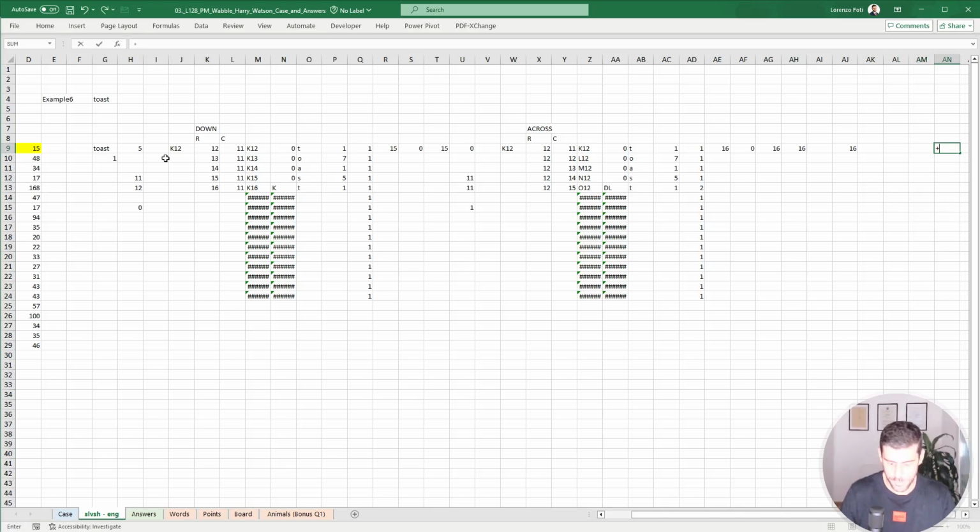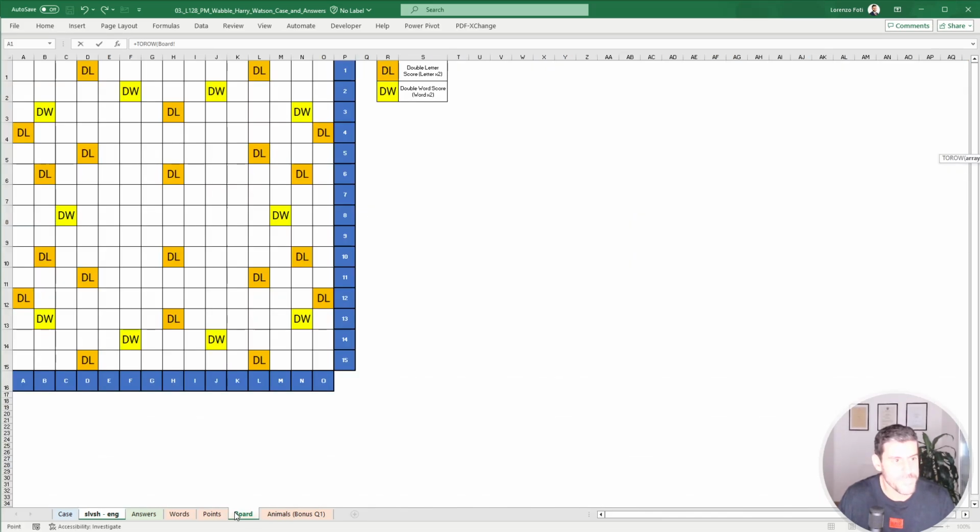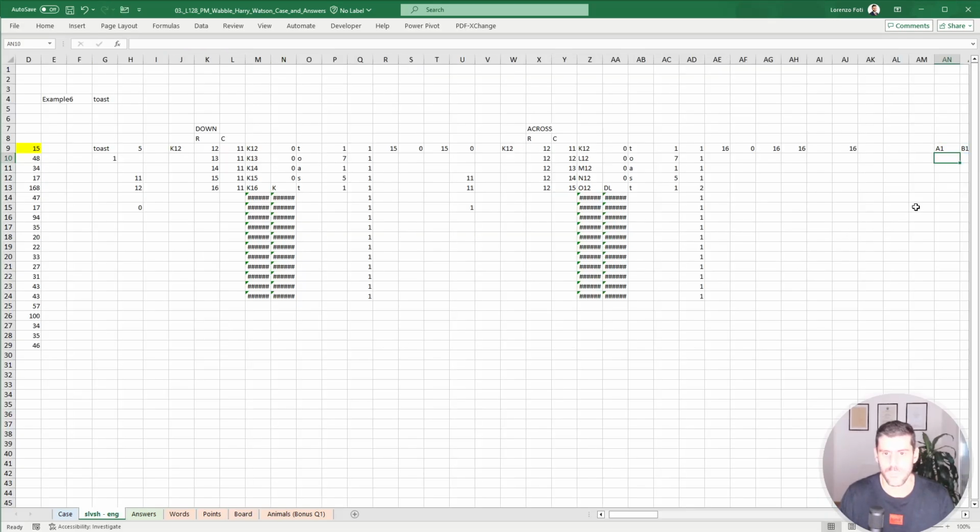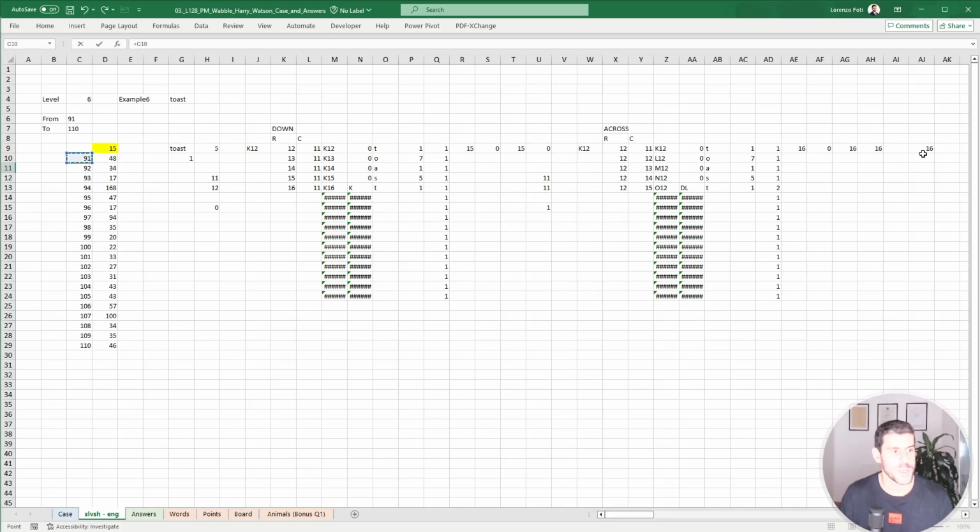Because if I do a 2 row of the board, I take this, so example 6 plus all the other games.